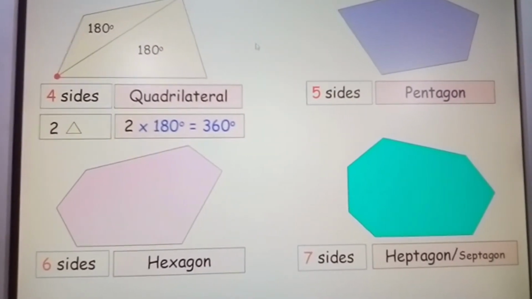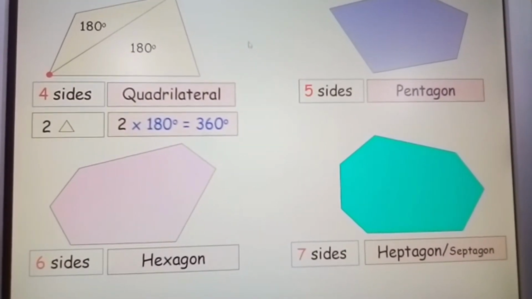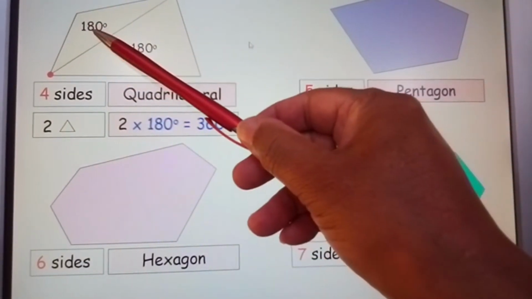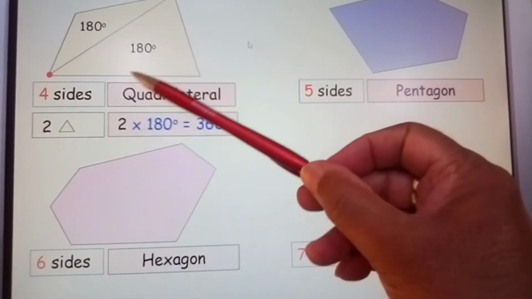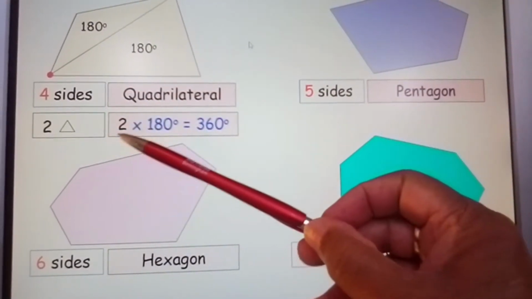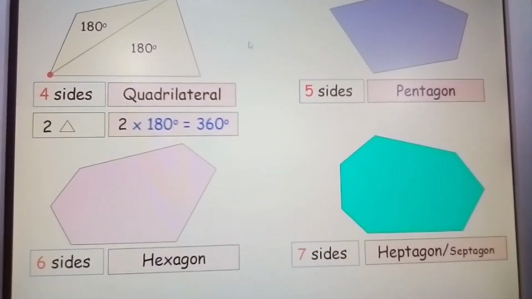Keeping that in mind, we have two triangles, and 2 times 180 equals 360 degrees.